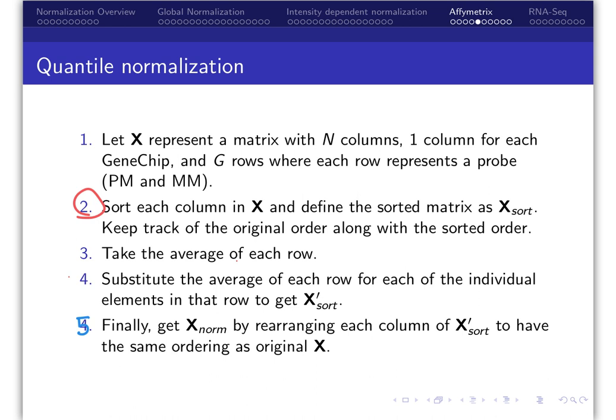Keep track of the original order along with the sorted order. Then take the average of the quantiles in a particular row and substitute this value in for each of the individual elements in that row. Finally, get X norm by rearranging each column of X prime sort to have the same ordering as the original X matrix.